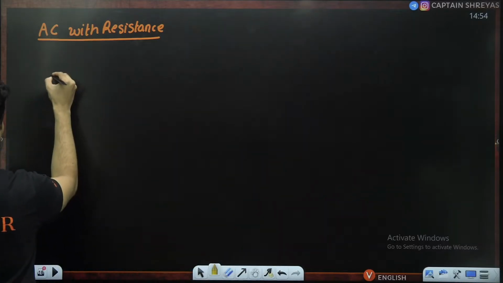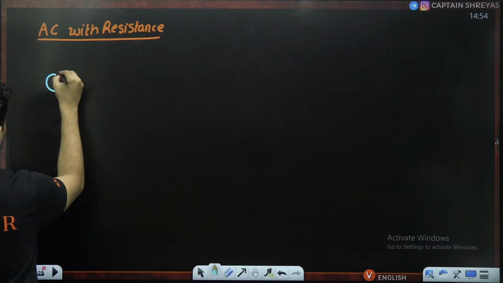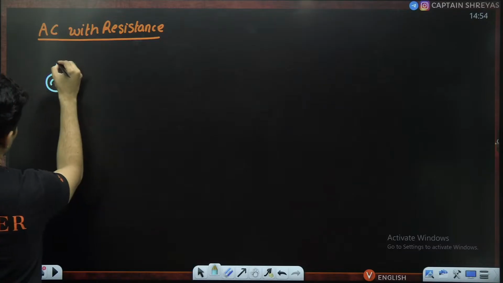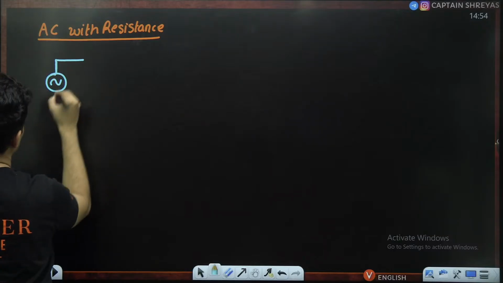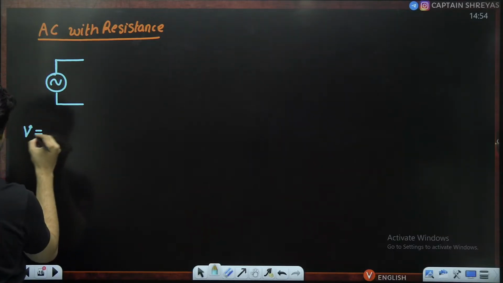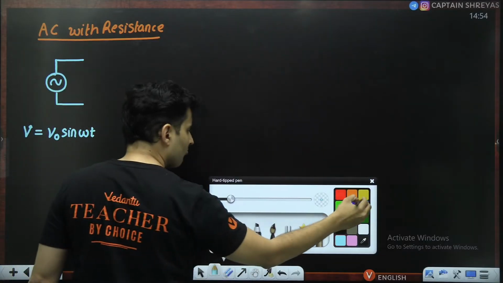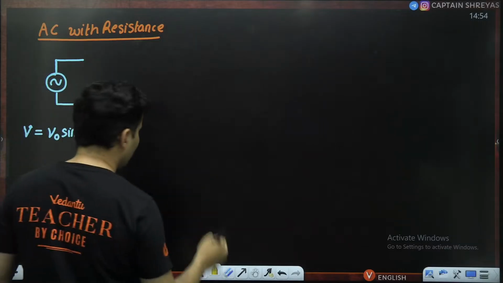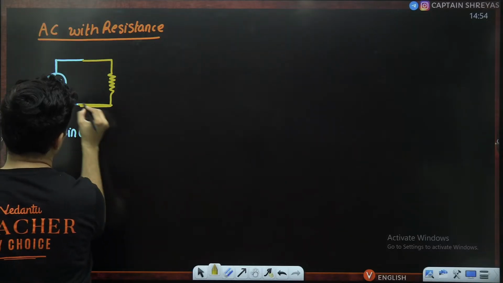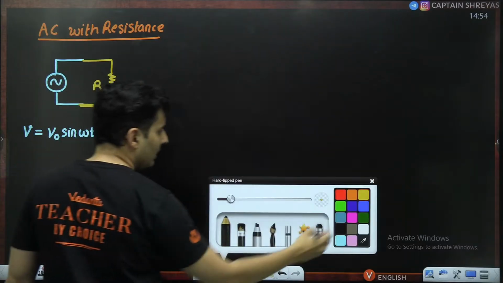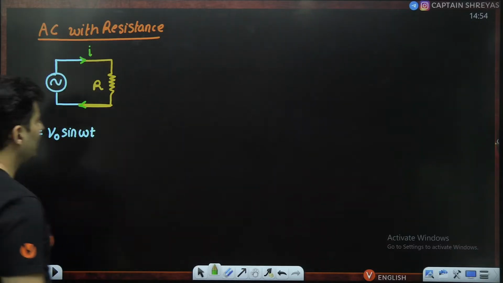Say for example, we have this AC source, like this, and the voltage is V naught sine omega t, and now that is connected to a simple resistor, nothing great over here. And now in that resistance some current will pass, this is that current.